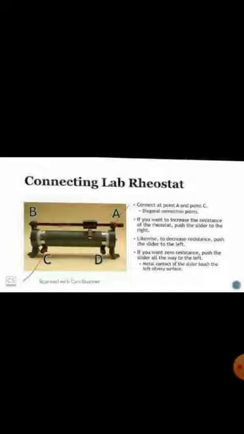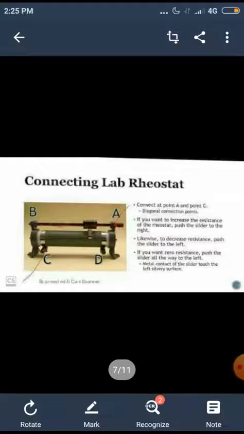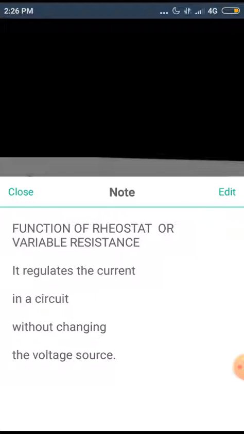So if you want to increase resistance, that means the current flow will be less. Then we move the slider to the right. If you move to the left, the resistance will be less and the current flow will be more. So the main function of the rheostat or the variable resistance is that it controls the flow of current in a circuit without changing the voltage source.